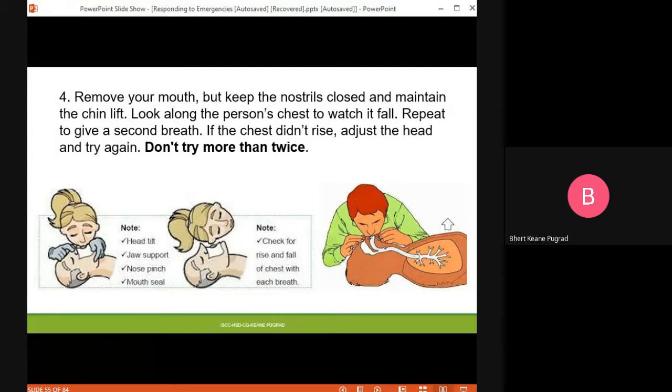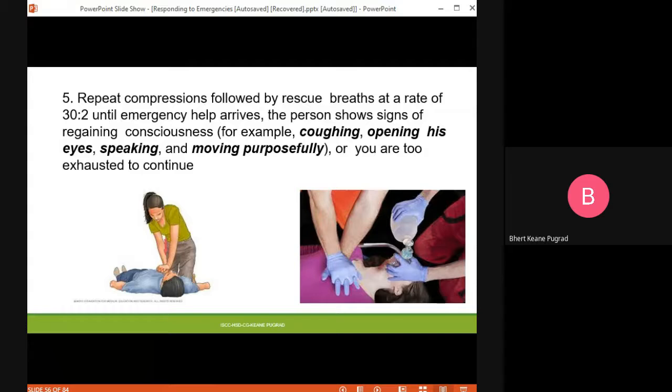And upon delivering one blow, there should be a rise of the patient's chest. And upon releasing your first blow, okay, you should keep the nose closed and there should be a falling, no, para nag-exhale din yung pasyente. Okay, and do not give more than 2 rescue breathing.